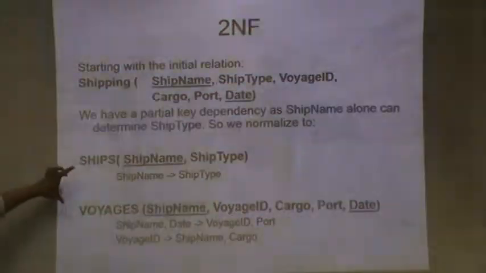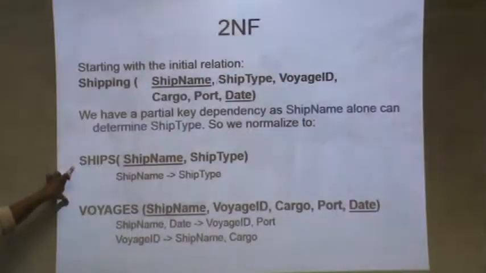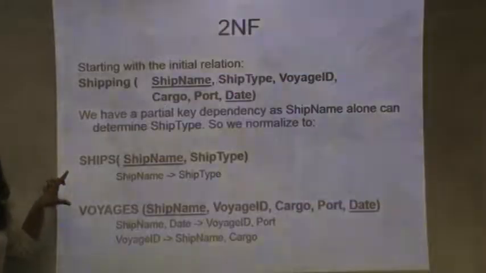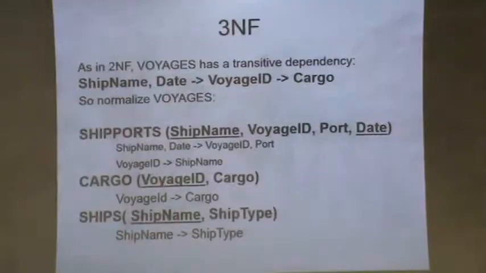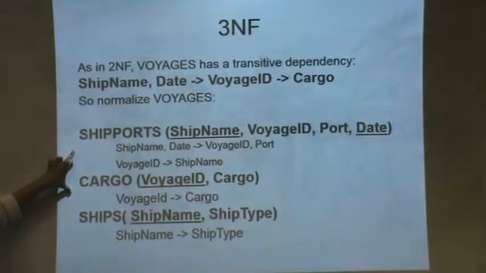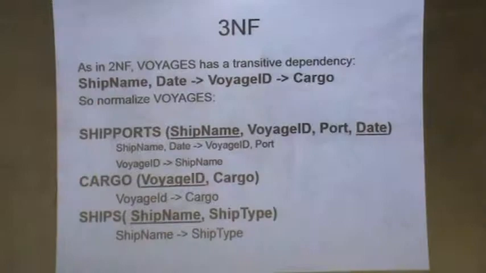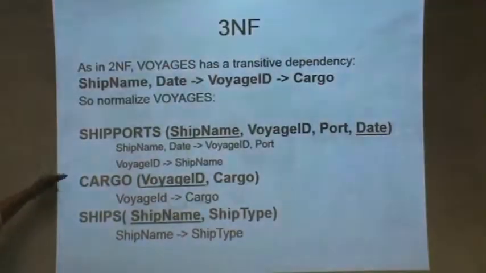That too was your 2NF. But when you are doing 3NF, then you are taking cargo out of it and putting it in a separate table, which is called cargo, voyage ID, and cargo. Why is it so? Because of their dependency. So if my dependency is given, then it's much easier for me to separate them into three different tables.